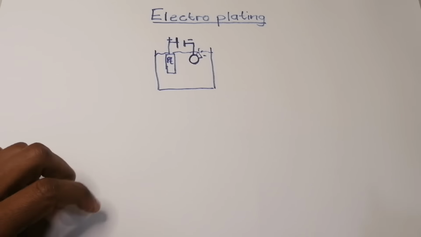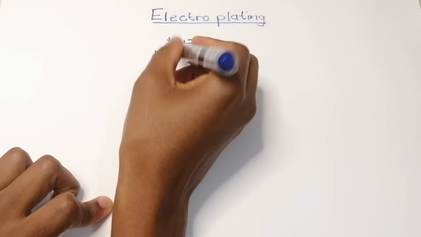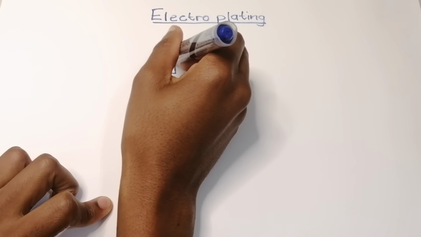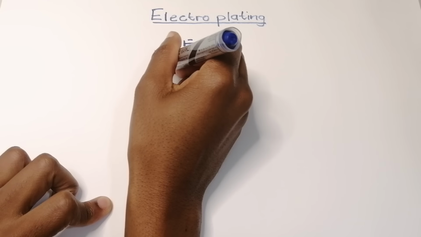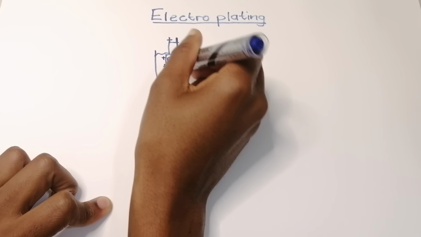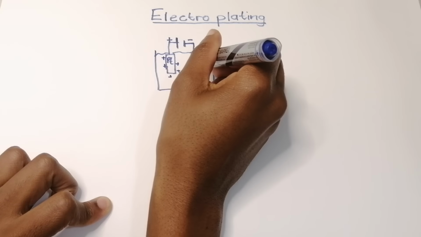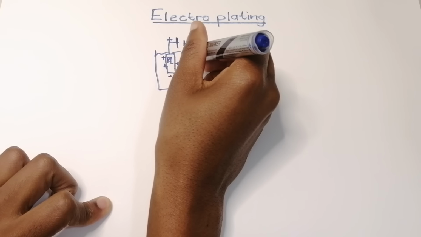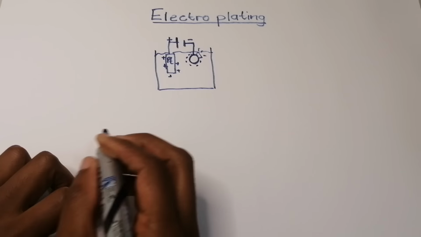So now what would happen? Remember, we've connected this guy to the positive, so this guy would be positively charged. And obviously we've connected this ring to the negative side, and it would be negatively charged.